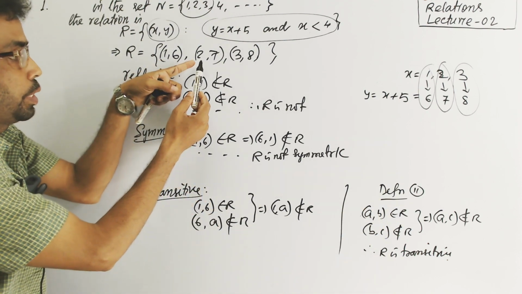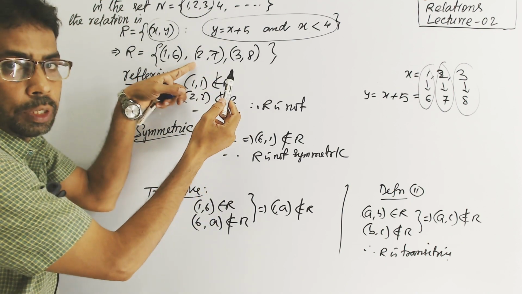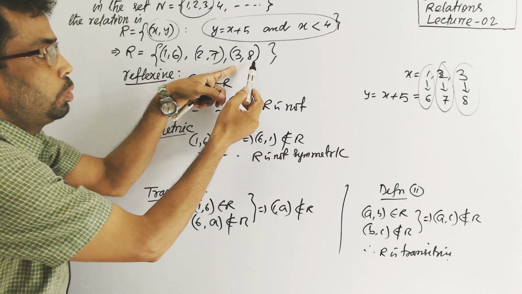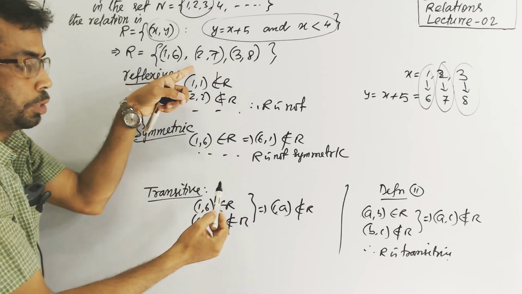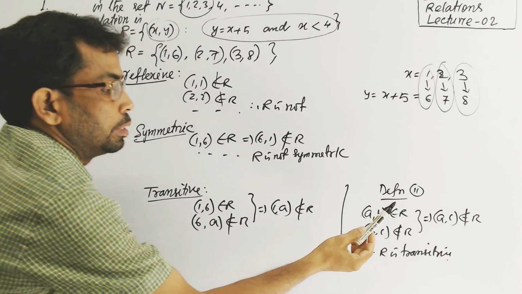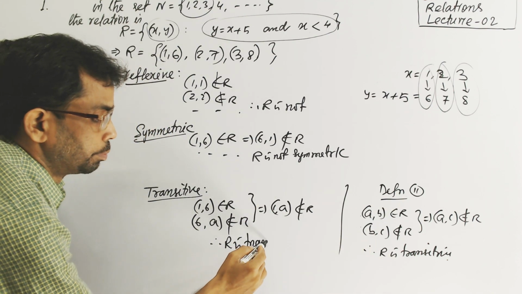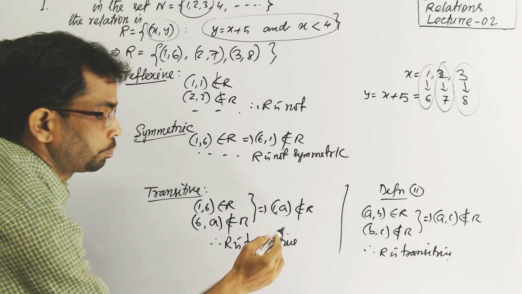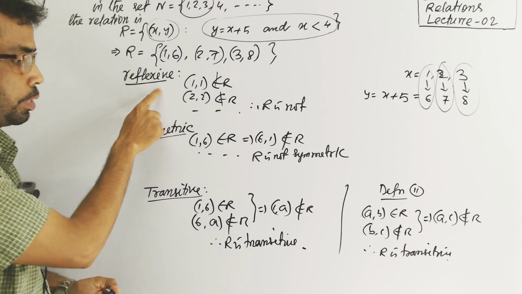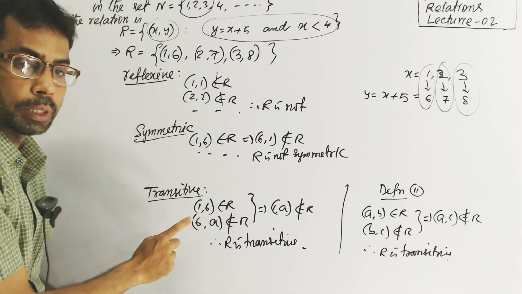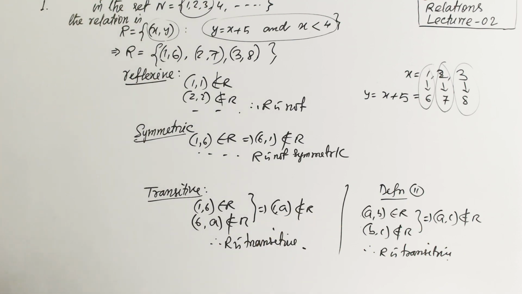Similarly, for the second element, (2, 7) is there, with 7 no other pair is there in the relation. (3, 8), with 8 no other pair is in the relation, and both are also coming under this condition. So by this second definition the relation R is transitive, and hence the given relation is not reflexive, it is not symmetric, but the relation is transitive by this definition 2 of transitivity.